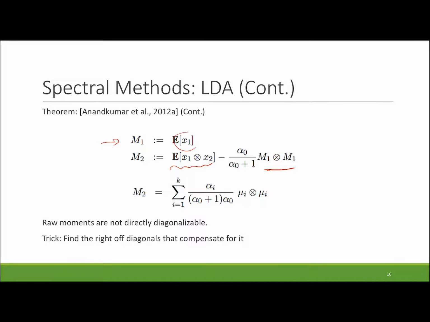So you use the first order moment and the second order moment and form this M2, and now this M2 matrix is the one that is decomposable. And if you form it and these mu_i's are orthogonal, you can recover the columns of your topic word matrix as well as the parameters of your Dirichlet distribution given alpha 0. Right? Any questions?